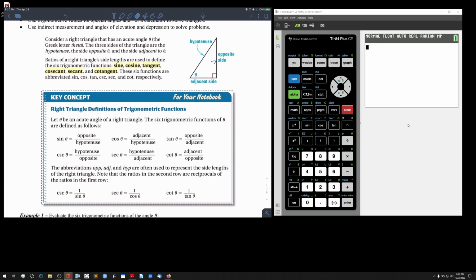This changes. If I'm looking at this triangle from the perspective of this angle, then we call this side the opposite side to that angle, and this is the adjacent side to that angle, and this side opposite the right angle is always the hypotenuse.